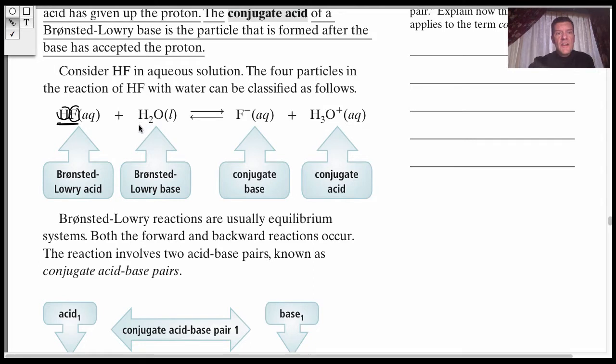When you put that in water, there's going to be a reaction, and that reaction is going to produce ions. Now, if you remember, an acid is going to increase, when you put it in water, the concentration of H plus, or really it's H3O plus.